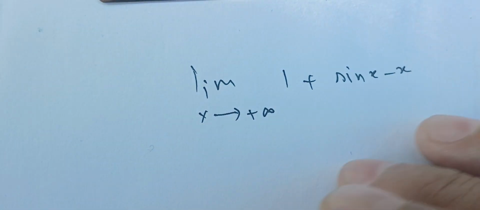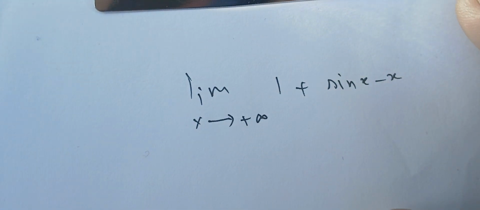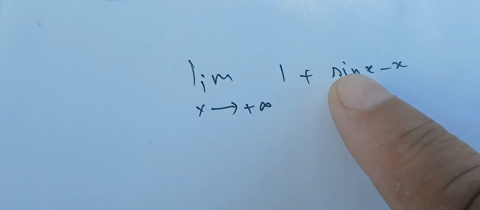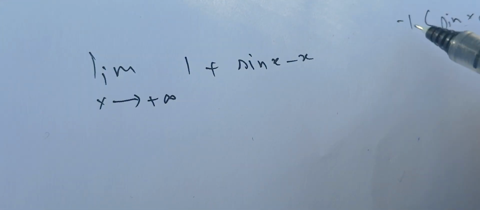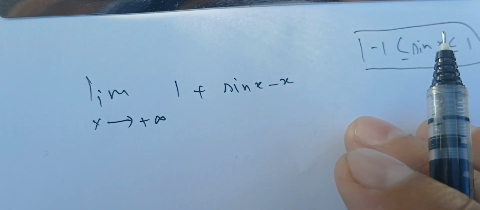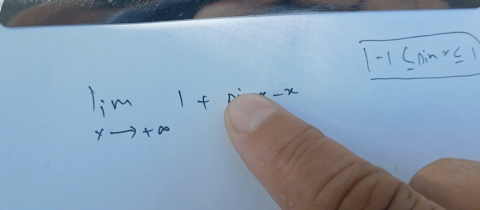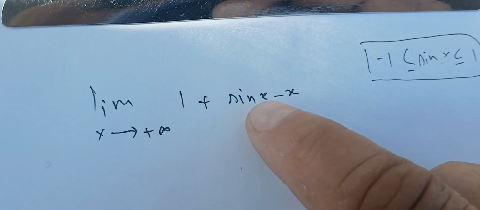I think the best option to deal with this kind of limit is to think of this sine here. We know that the sine of x is always between minus 1 and 1. So as x gets bigger, this one will not exceed 1 or minus 1.